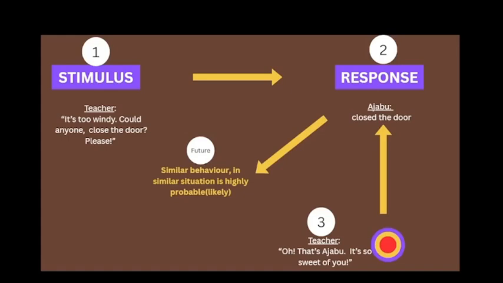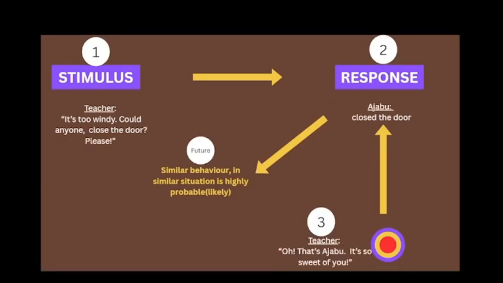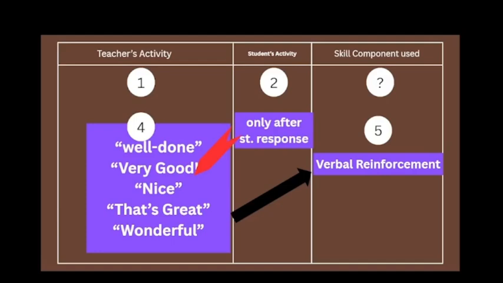Here one point has to be understood, that is about the component. We need to know that the component should be given only after the teacher gives the reinforcers, and the reinforcers should be listed in the first column, not in the last column.